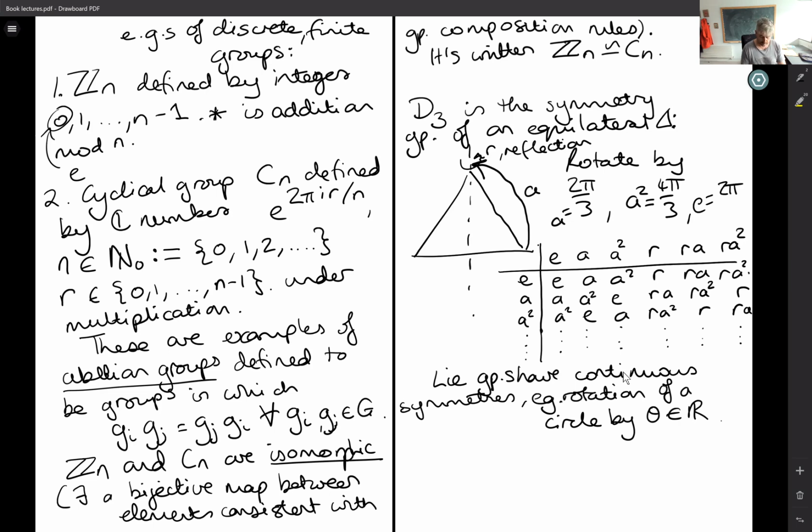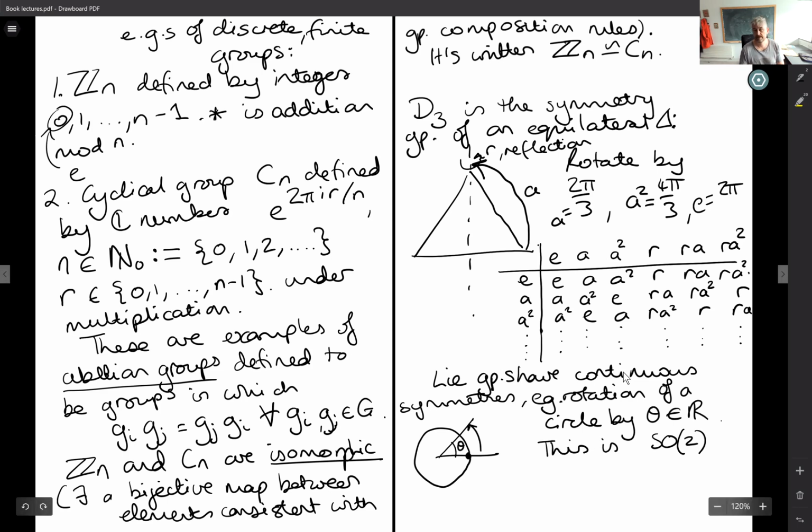So the angle is the group parameter. And of course, that's the symmetry of the system. So this group, given by the rotations of a circle, we'll see later, this is SO2. That just means two-dimensional real rotations.